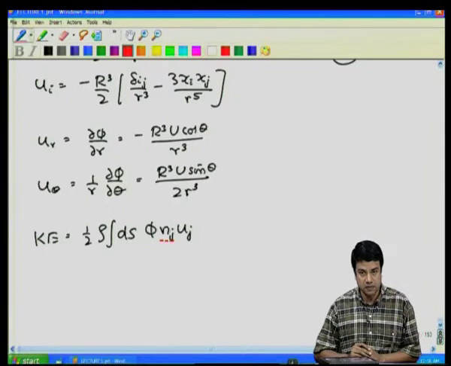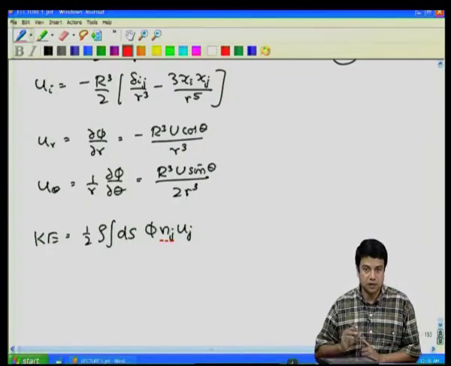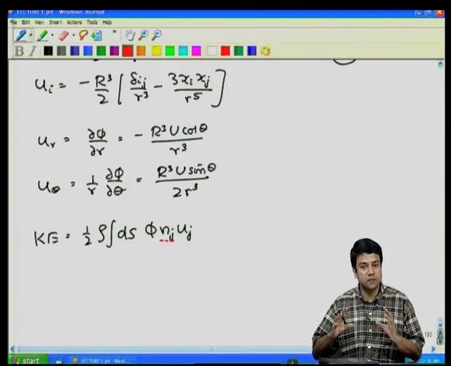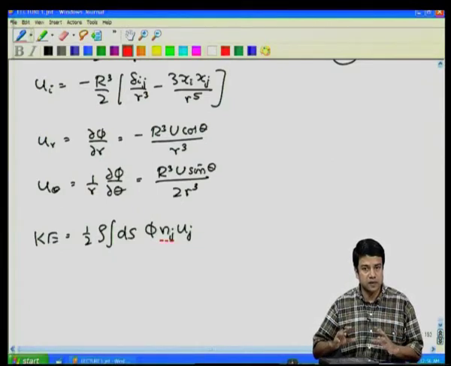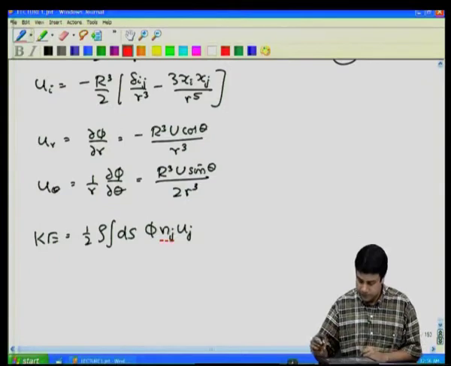This n is the outward unit normal to the fluid in our derivation, because we integrate over the fluid volume. The integral of the divergence of a vector over that fluid volume is equal to the integral of the outward unit normal times u over the surface.